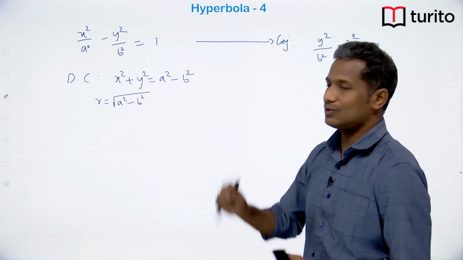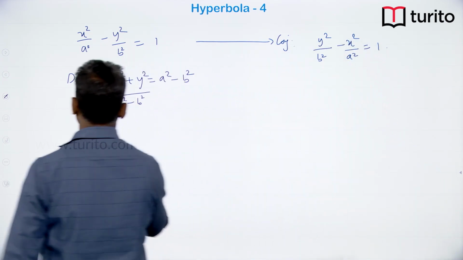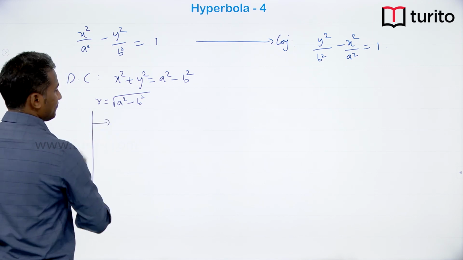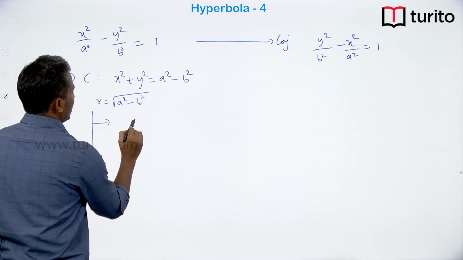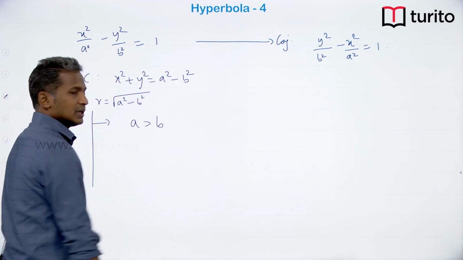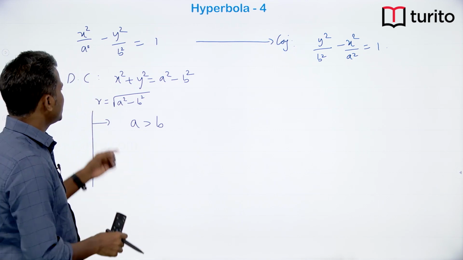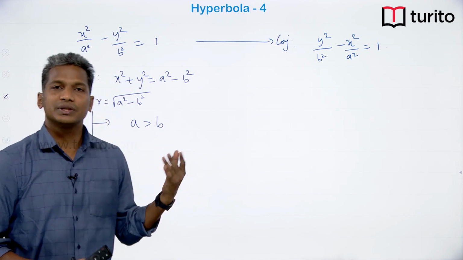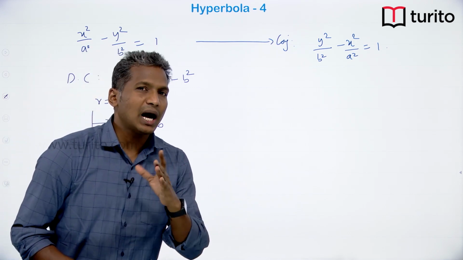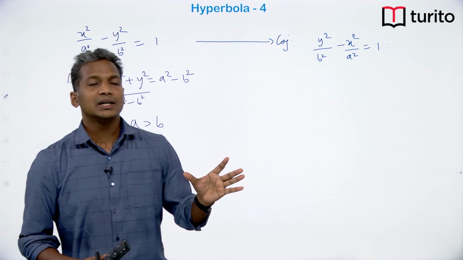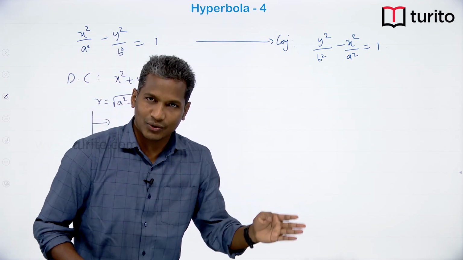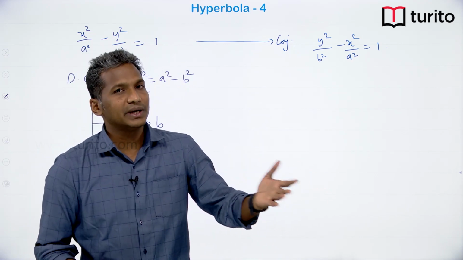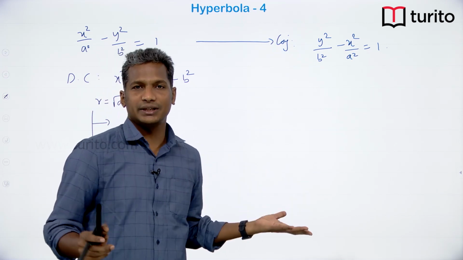So let us look at those cases. So here there are total 3 cases. One is a greater than b. If a is greater than b, what is a here? A is the semi-transverse axis, b is the semi-conjugate axis. Now in a hyperbola, there is no condition that transverse should be greater than conjugate or conjugate should be greater than transverse. There is no such condition.